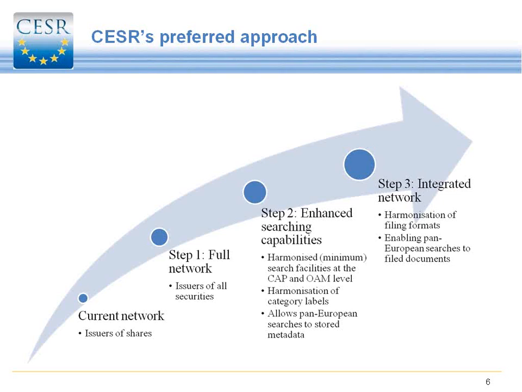In the first step, we would extend the current network of issuers of shares to cover all issuers of securities. The second step would actually implement a pan-European search facility through storing more metadata on issuers and filings at the national and central access point level.